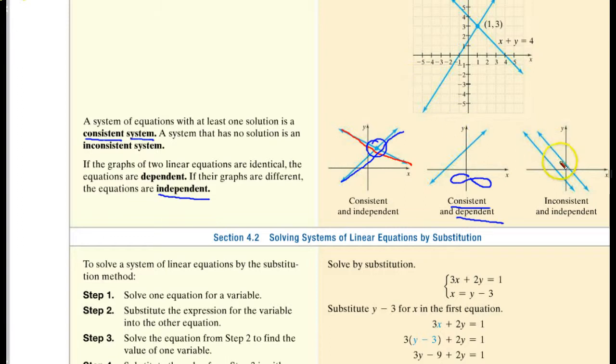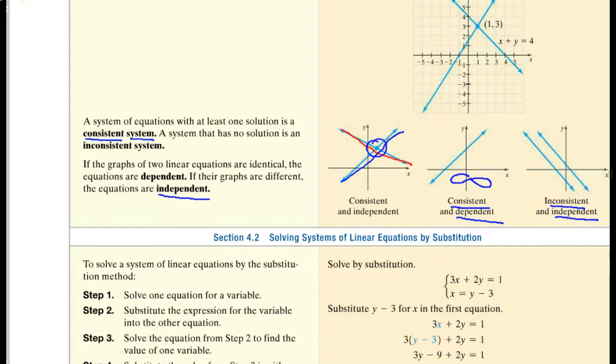And then in another case, if there were two graphs, but they are parallel, that is, they have the same slope, but different y-intercepts, there would be no solution. So these are inconsistent and different equations, they are independent.